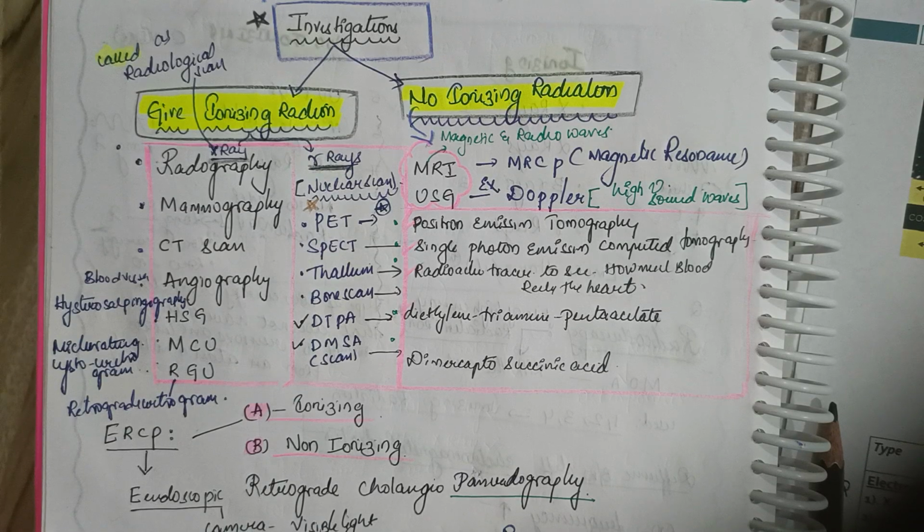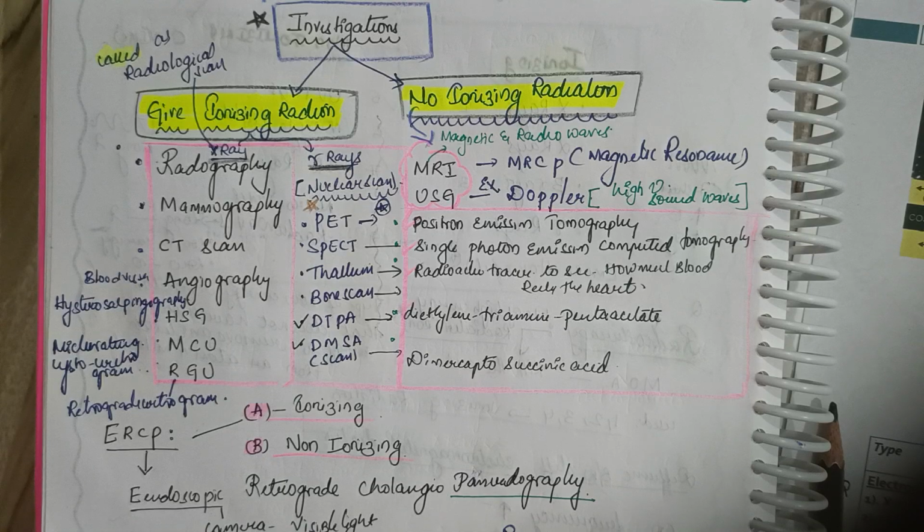What examples come under the gamma rays investigations? You have a PET scan, that is positron emission tomography. You have SPECT, that is single photon emission computed tomography.